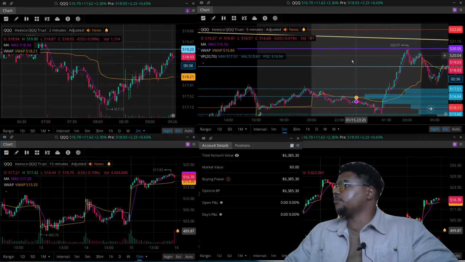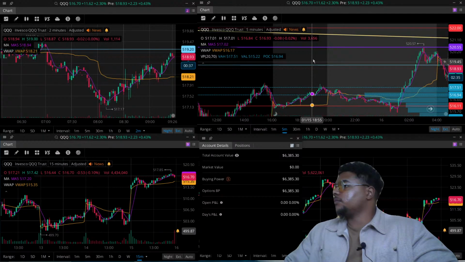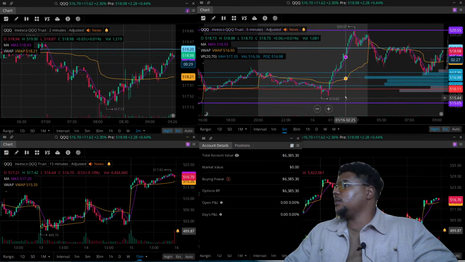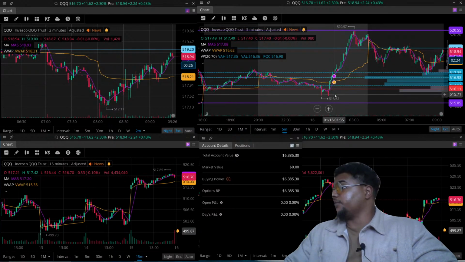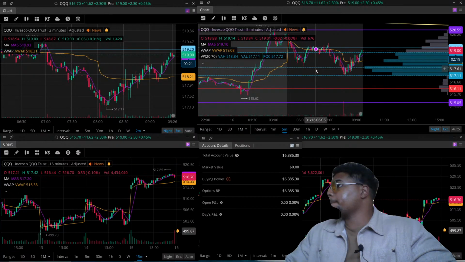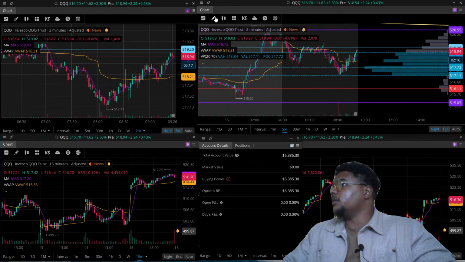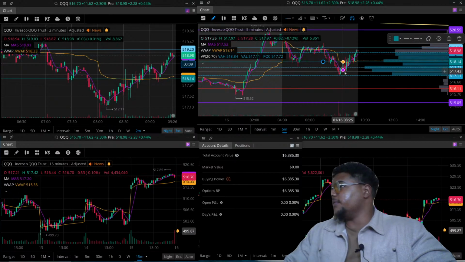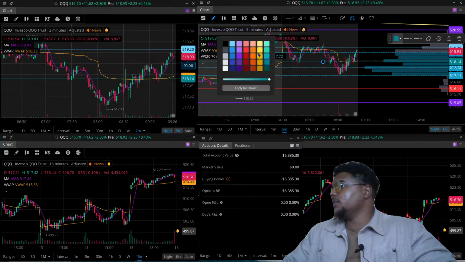Okay, so we have that high plotted already. I like to plot the low a little bit higher than it actually is. I'll put a small line right here, because the price is above that right now, just to see if it bounces off of that. Put a yellow.